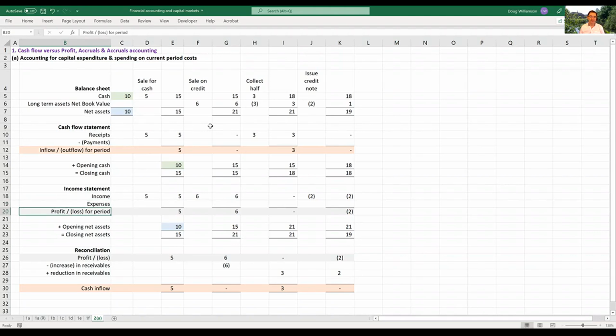And then there will be expenses, and then a reconciliation, and that reconciliation, when we've got less cash than we might expect, would be an increase in brackets, increase in long-term assets.